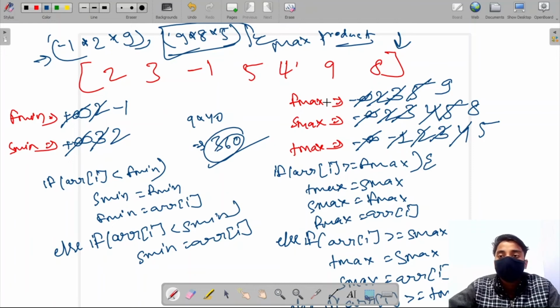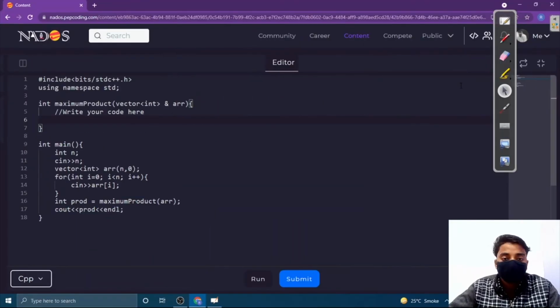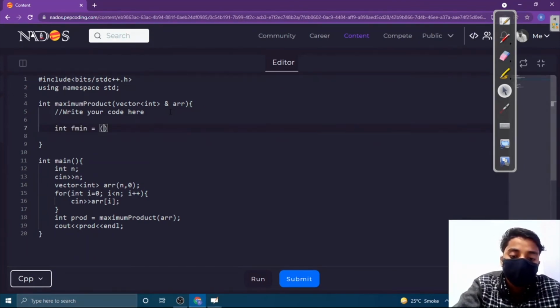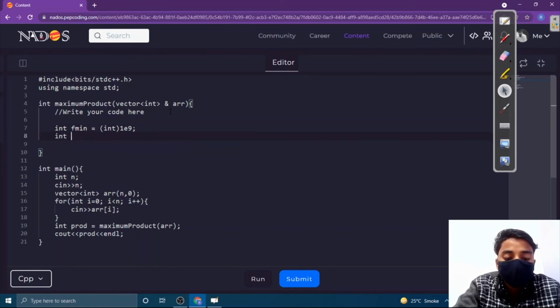So this is the pseudocode. Let's write the code. Now what we need is first min with infinity, that is 10 to the power 9. Second min also 10 to the power 9.